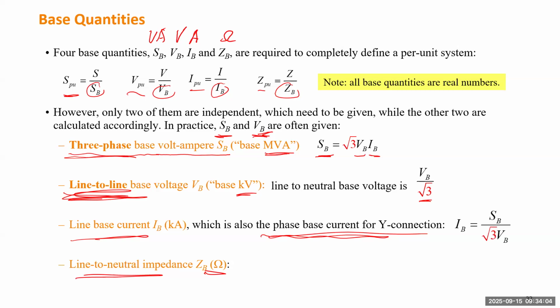For line current, if you already know the three-phase power and the line-to-line voltage, this will give you the line base value. And finally, impedance can be obtained by knowing this one. This is a line-to-neutral voltage. Line-to-neutral voltage divided by line current will give you the line-to-neutral impedance. Or you can use this formula.